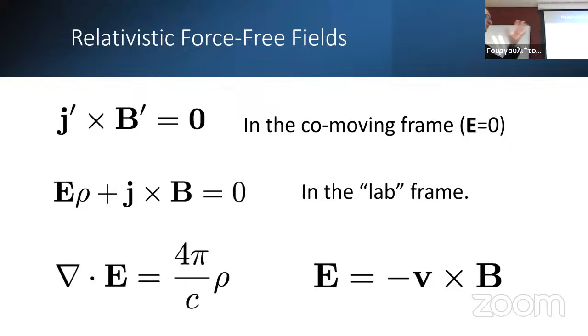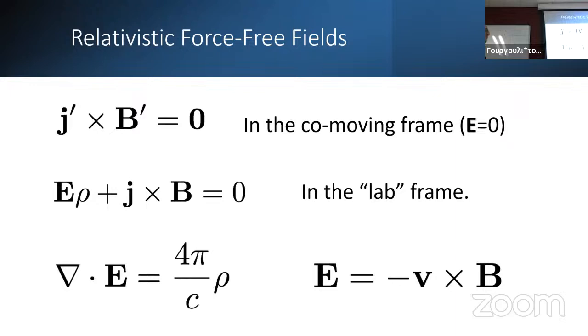Now, I apologize for a few slides with some equations, but let's get now to the mathematical formalism, because now we are trying to introduce this equation. So essentially, we can think that this system will go in an equilibrium if, let's say, the electric current density crossed the magnetic field in the comoving frame, where the electric field is zero, is equal to zero.